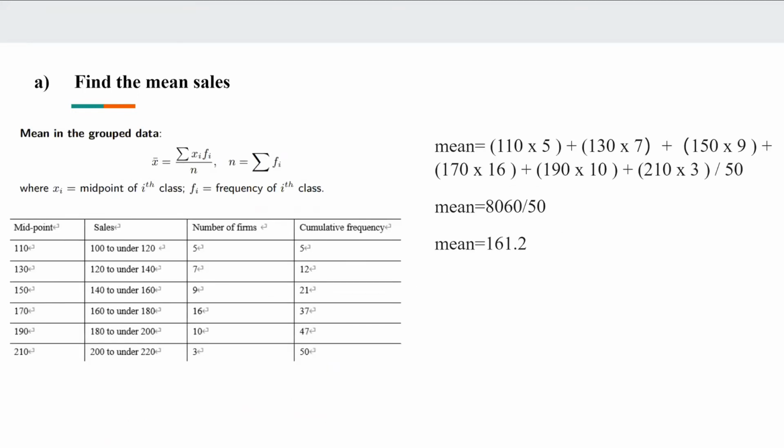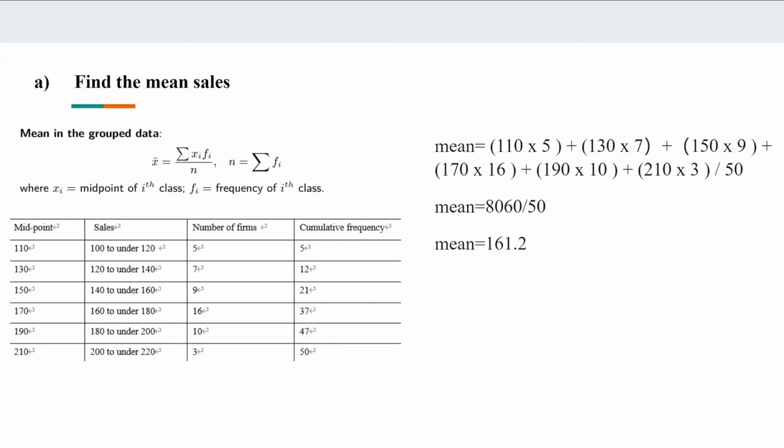From the figure, we know that it is group data. To calculate the mean of the group data, the first step is to determine the midpoint of each class. For instance, the midpoint of the first class boundary is 100 plus 120, divided by 2, which is 110.